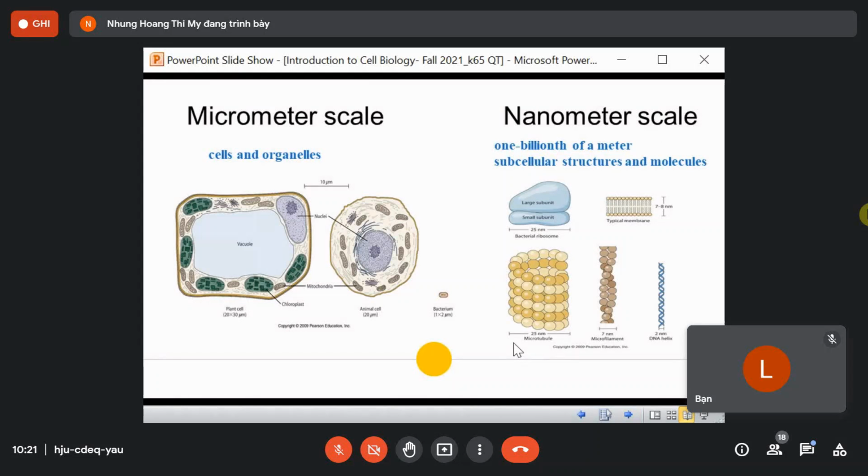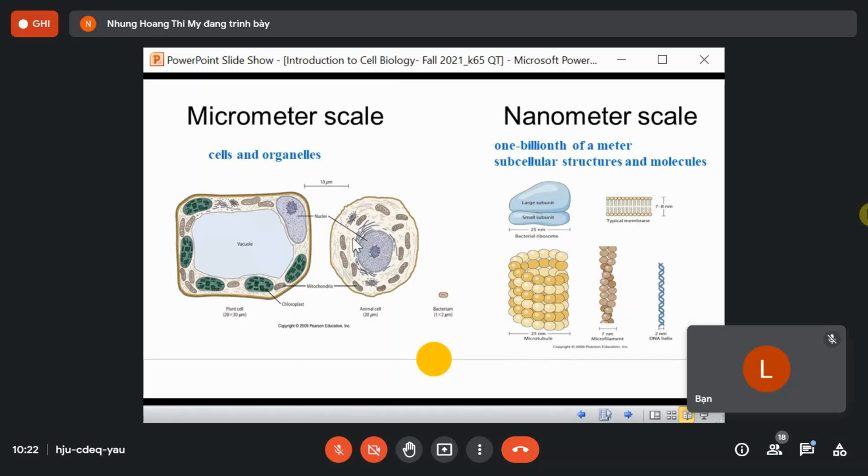In the cell, there are some structures with micrometer size, but other structures have nanometer size. So we call them the micrometer scale and the nanometer scale. For the micrometer scale, you can count organelles such as the mitochondria or nucleus.